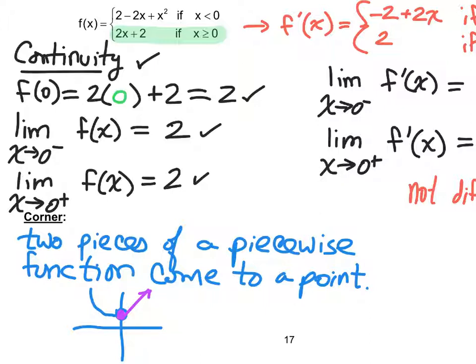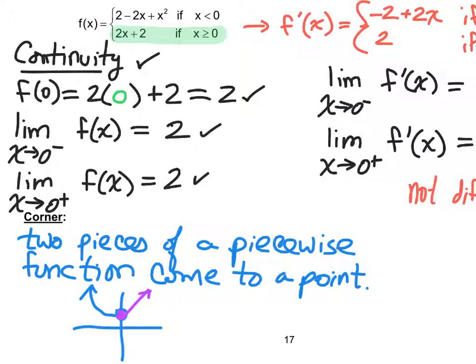It may not seem like it comes to a point, but it is. It's not a smooth transition from one curve to another. It actually is coming to a point. The more quality you put into the diagram, the more obvious that'll be, but that's the idea.